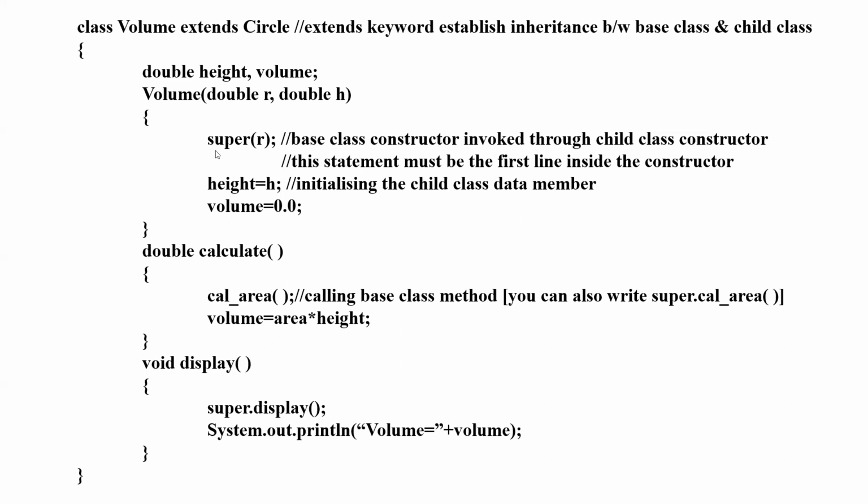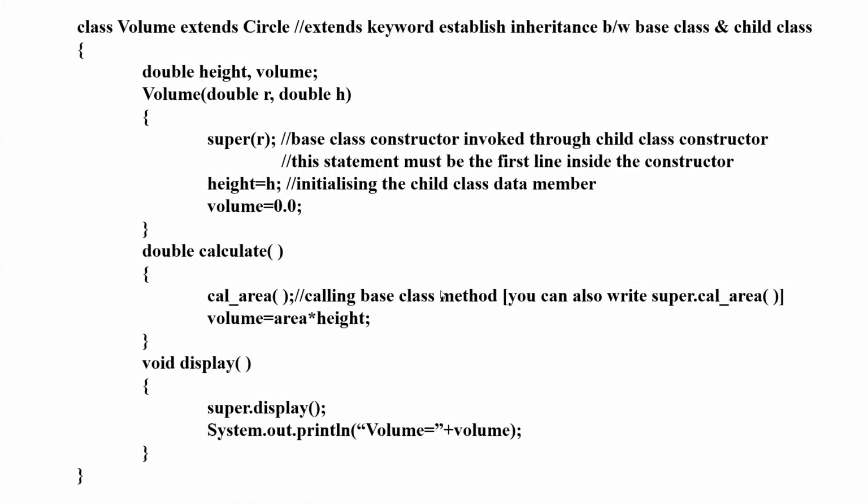Now what I have done, super and pass R. This super is the keyword which will invoke the base class constructor and initialize the data member through that constructor. Now you all know that a constructor cannot be called explicitly. So super here helps to invoke the base class constructor through the child class constructor.